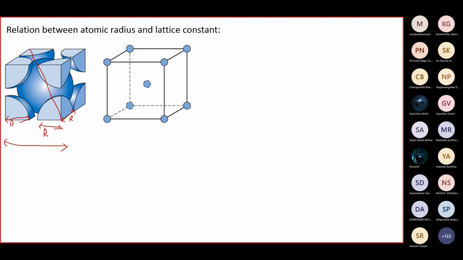What is the length of this diagonal? 4R. Very good. R because of this atom, R because of this atom, 2R because of the central one.